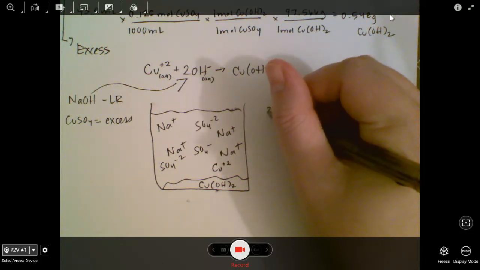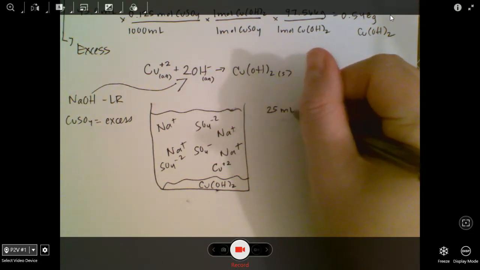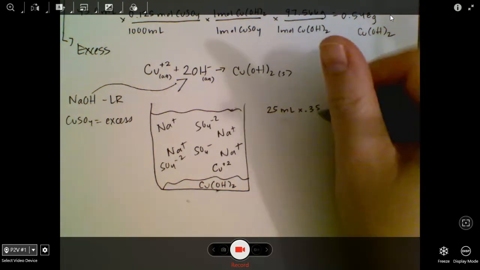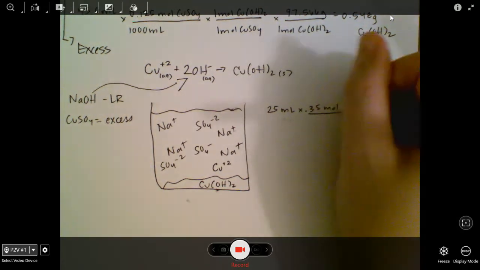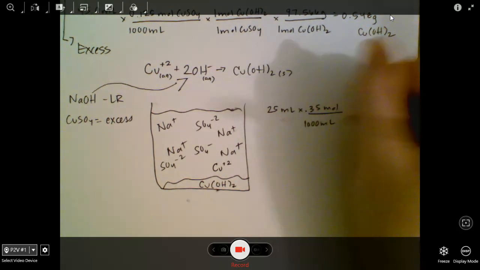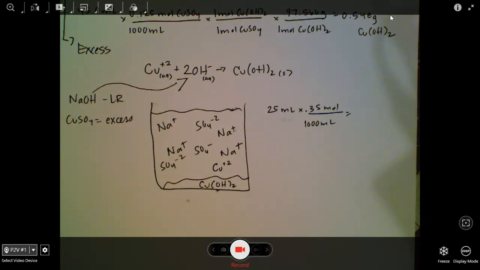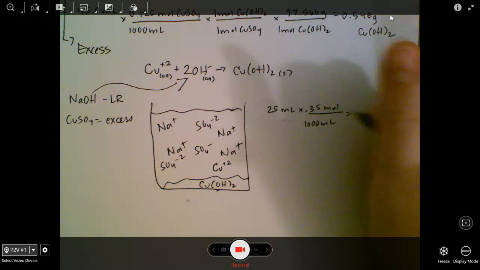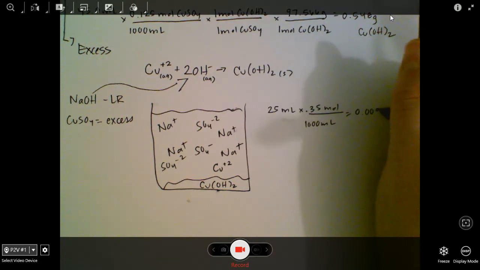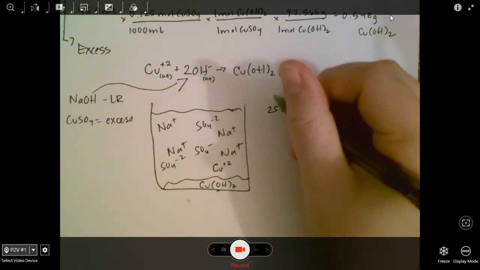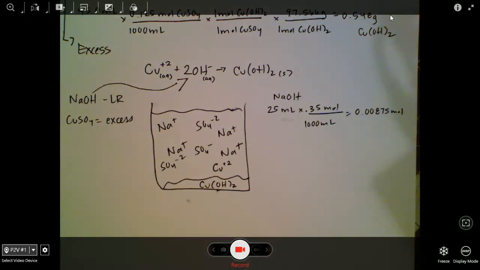Na would be 25 milliliters times 0.35 moles for 1,000 milliliters. So if I take 25 times 0.35 divided by 1,000, I'm going to get 0.00875 moles of the NaOH floating around in there. Okay.